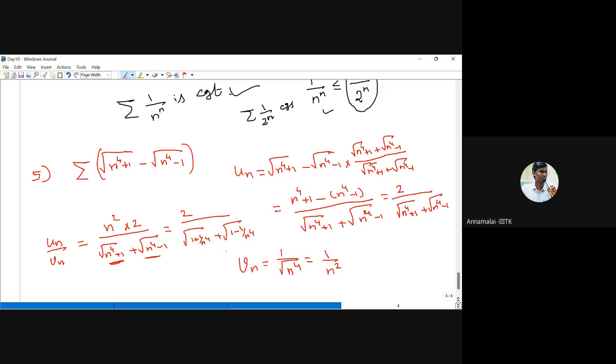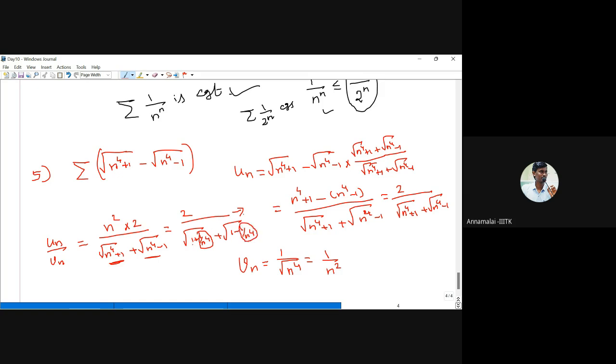As n goes to infinity, this goes to where? Because 1 by n power 4 goes to 0, but we have 1, therefore square root of 1. Here again, 1 by n goes to 0, therefore square root of 1, so 1 plus 1, 2.